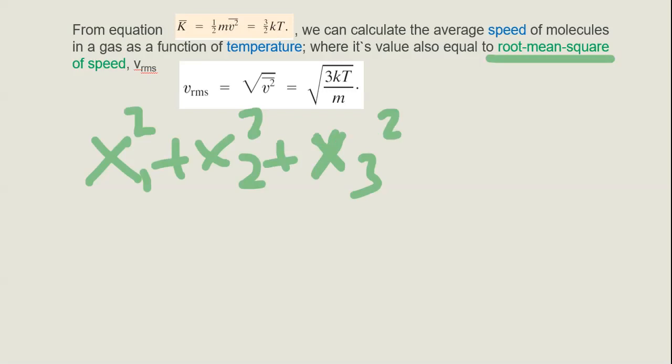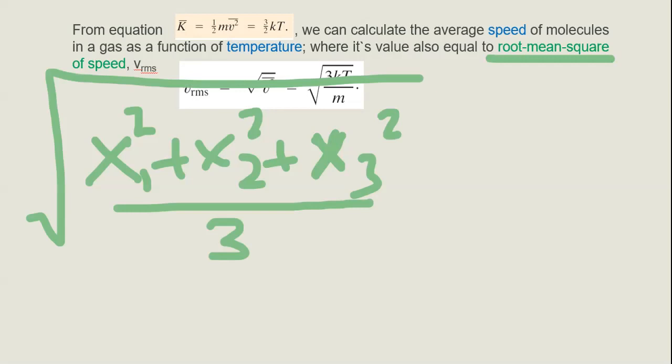Next, when you have that, you find the mean: x1 squared plus x2 squared plus x3 squared, and because there are three numbers, we divide by 3. This is the same as the normal average. And then finally, the last step is to square root your whole number.